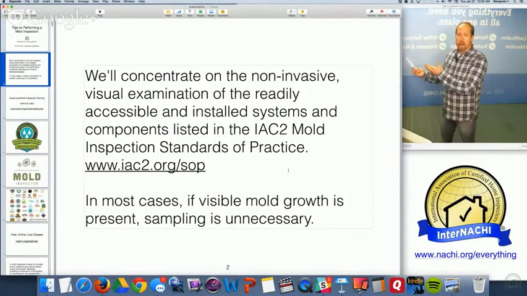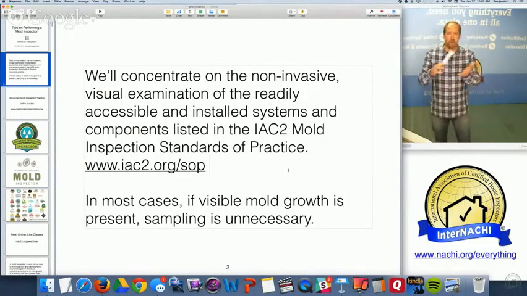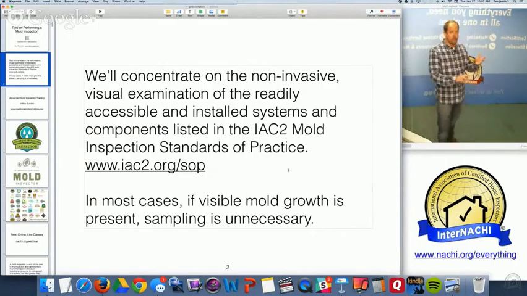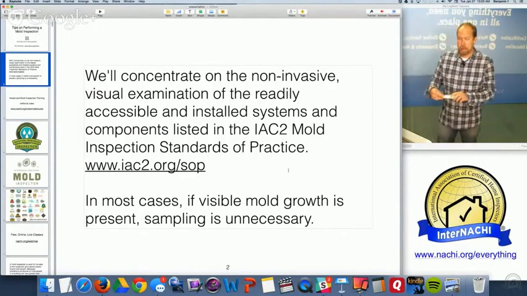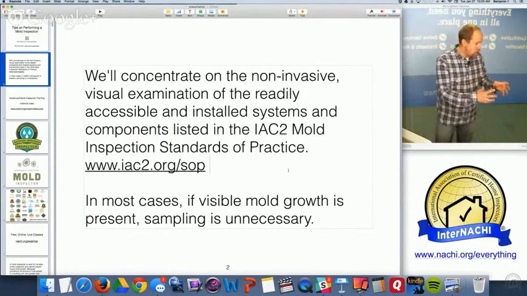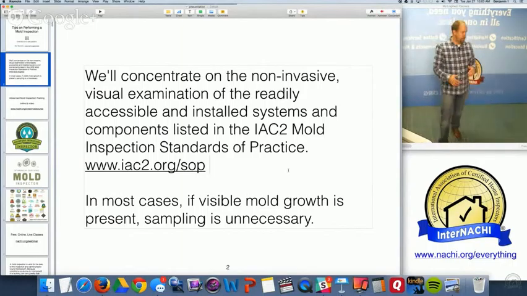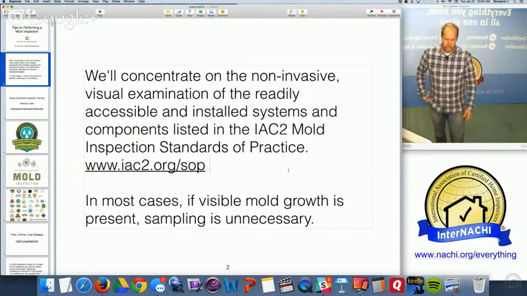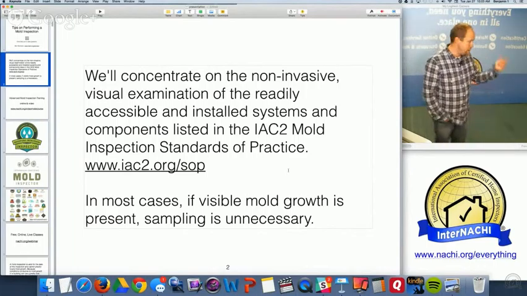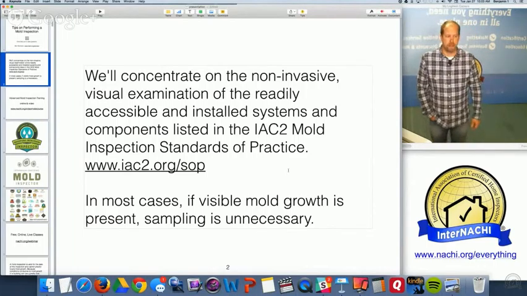I tell them what I observe, indications of moisture intrusion and mold growth and conditions conducive to mold growth. We could sample this, or it may be unnecessary. It's kind of small, so it could just be cleaned up, which typically requires removal of building materials. And if you happen to sample it, great, we'll have laboratory results.